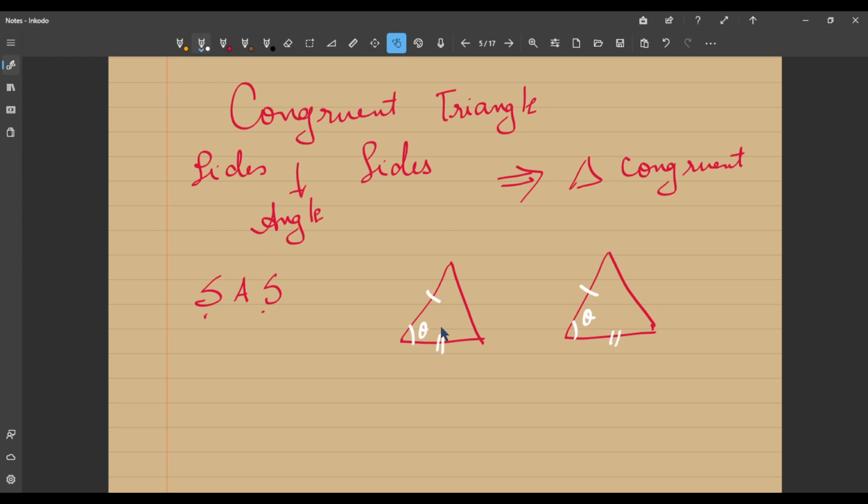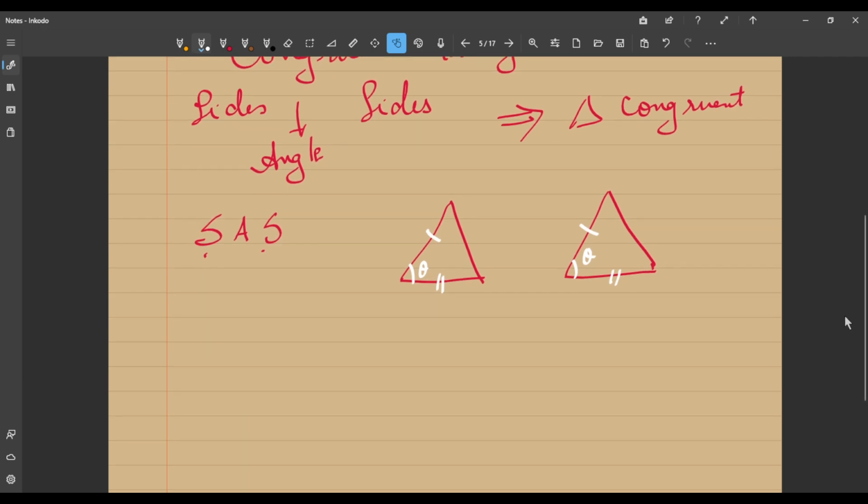Now in this video we are going to explore if there are any more conditions which ensure the congruence of two triangles. Now look at the idea where three angles are congruent, AAA, meaning three angles of any two triangles are equal.